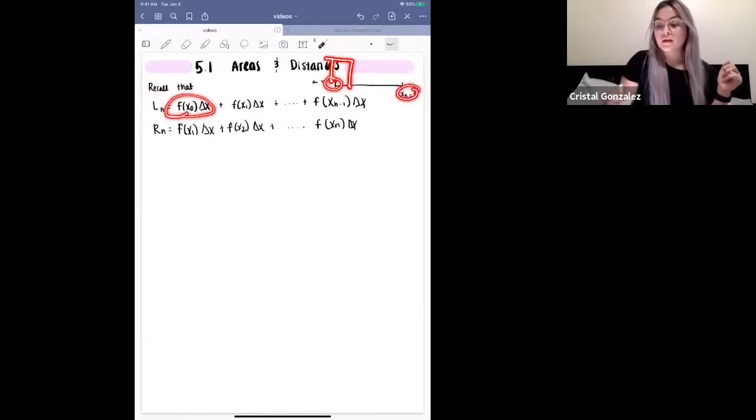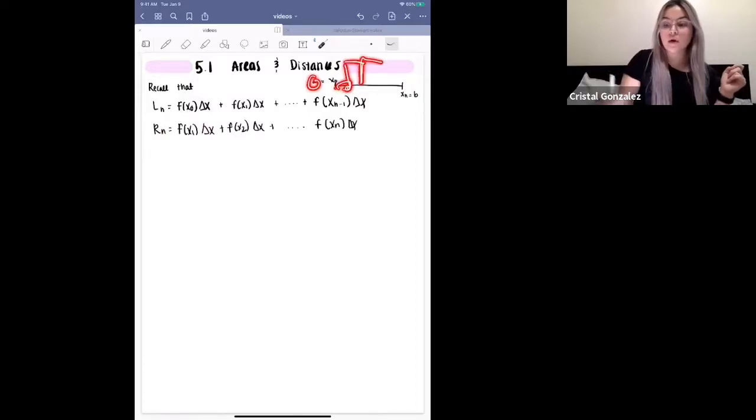Same thing for our right endpoints, but instead of starting here, we're now starting at x1, which is a plus that spot here, and draw that rectangle here all the way till we get to xn, which is equal to our ending interval.